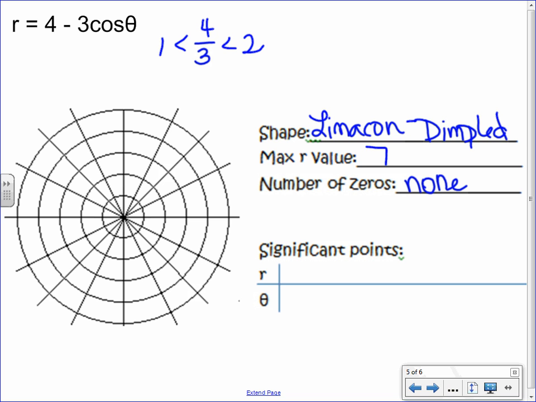Okay, so here we go. Where is the majority of our graph going to be? To the left of the pole, because we have cosine and there's the A minus B. So when we plug in 0, cosine of 0 is 1, so we have 4 minus 3 times 1.